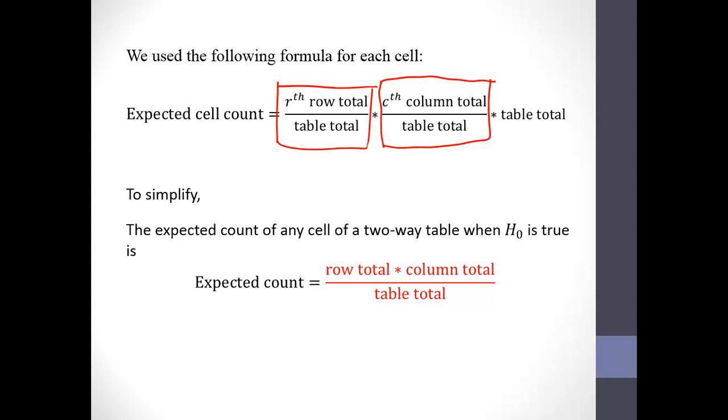We can simplify that: our expected count is going to be the total from the row times the total from the column, divided by the total from the table. So this is a simplification of that top row there.